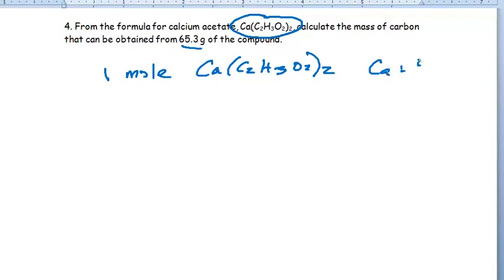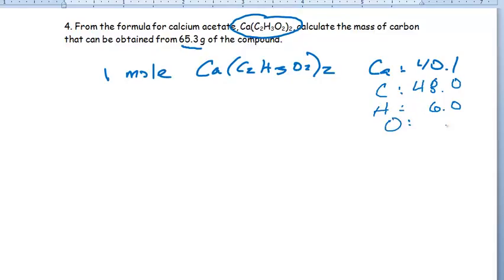So calcium 40.1. Let me adjust the thickness here. I feel like my writing is sloppy. Carbon, you have 4 carbon atoms, so that's 48.0. You have 6 hydrogens, so that's 6.0.